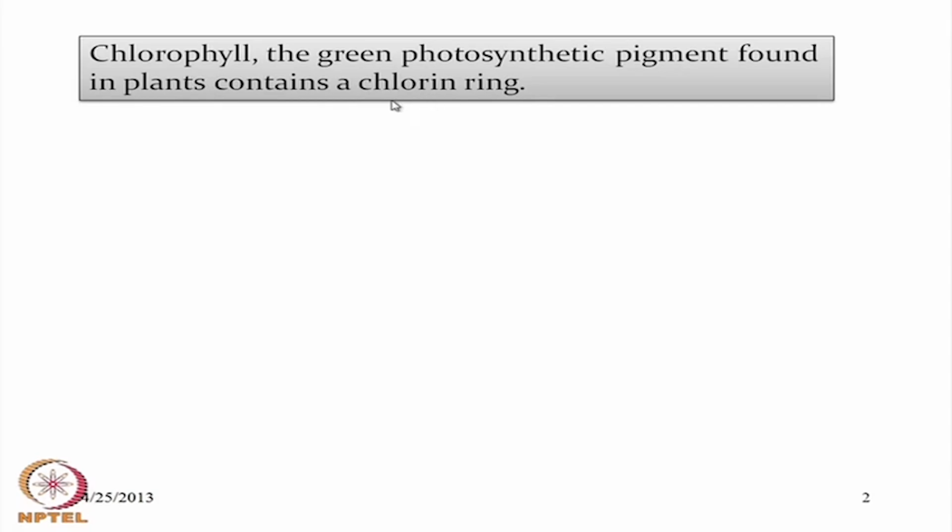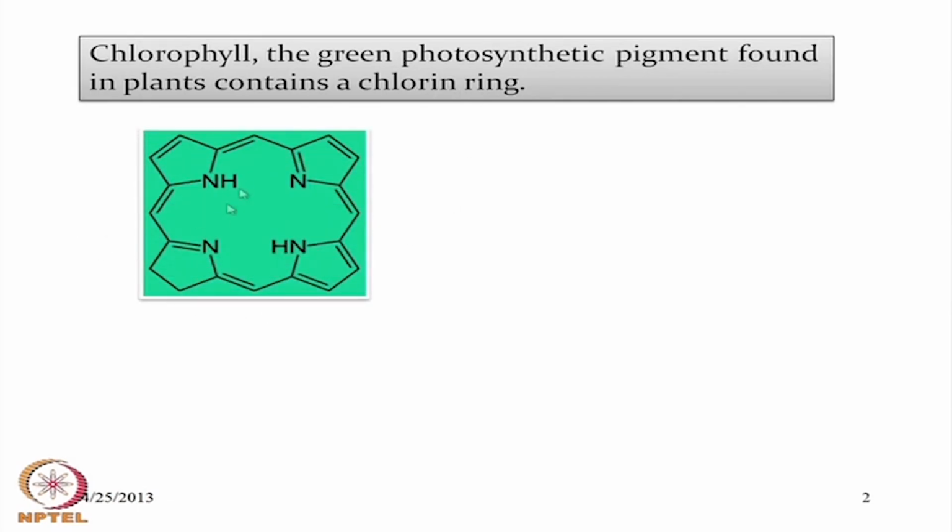Compared to the porphyrin ring, we can have a different type of ring, but that is also a pyrrole system, but the connectivity is different. That is why it binds a different metal center and shows a different type of reactivity. So, this is very close to that tetrapyrrole unit, that means the porphyrin unit.